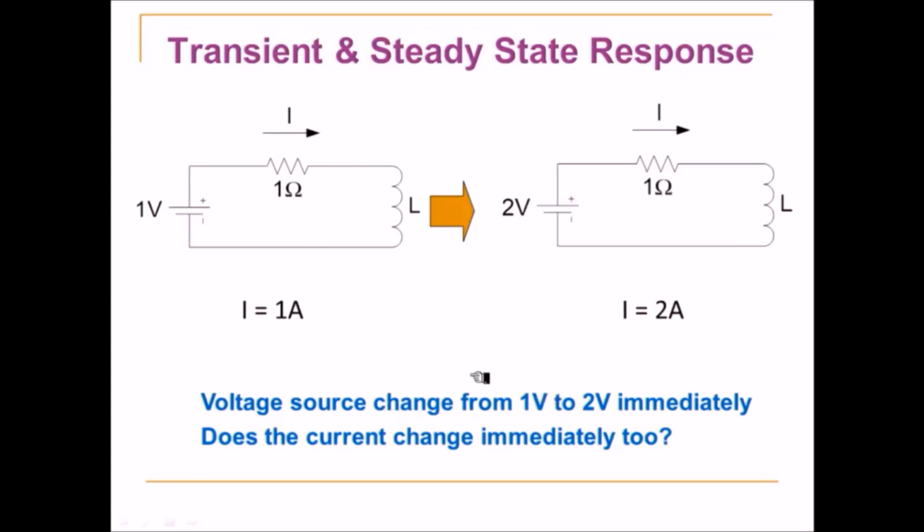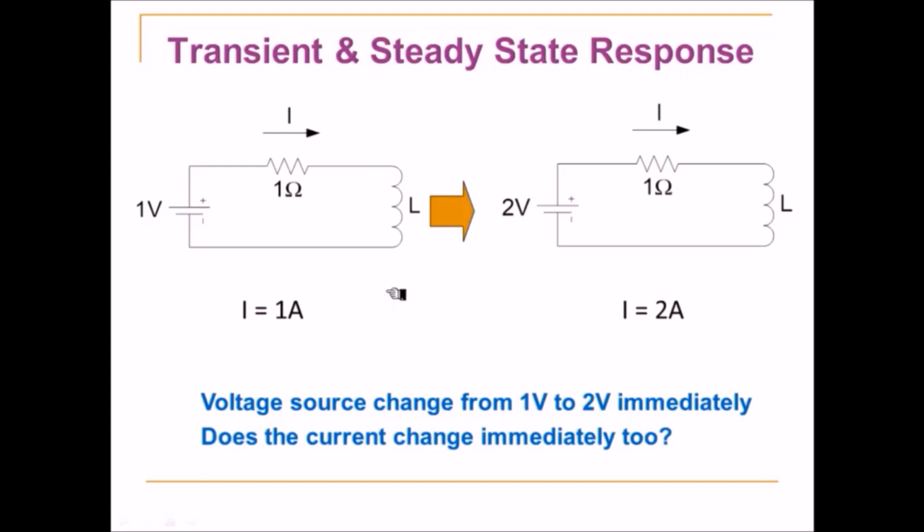The question is, if voltage is changing instantaneously, does the current change immediately too? The answer is no. Current will not change immediately because we have an energy storage element, the inductor. As per the property of the inductor, it will not accept sudden change in current. It will take a small amount of time to change the current value.